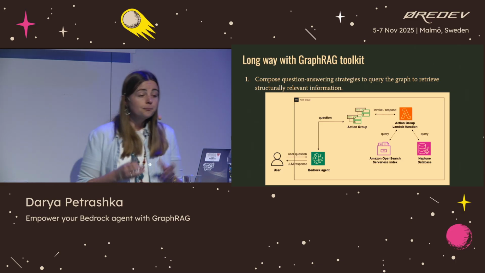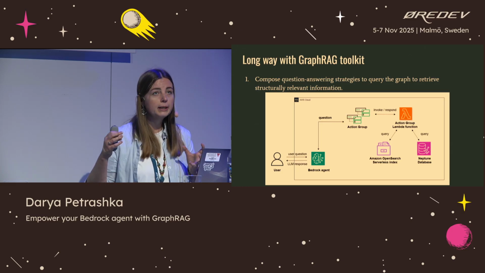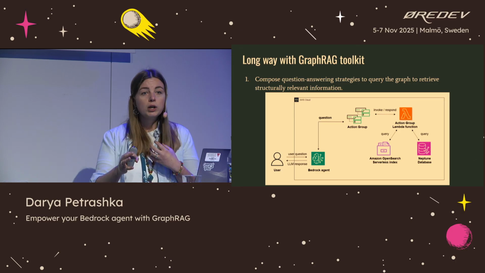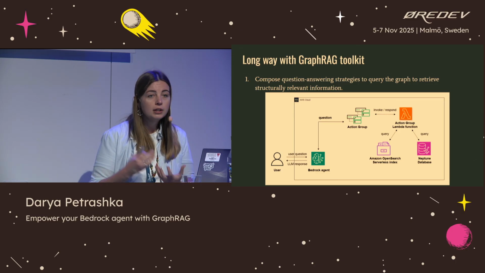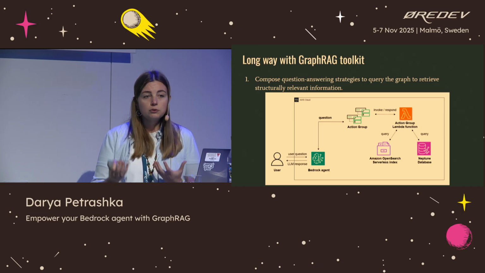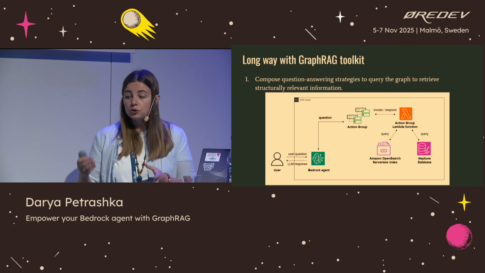And using this action group, we can provide a Lambda function where we write custom code which will take care of the retrieval part. So we can use Bedrock models and LlamaIndex to manage this retrieval.